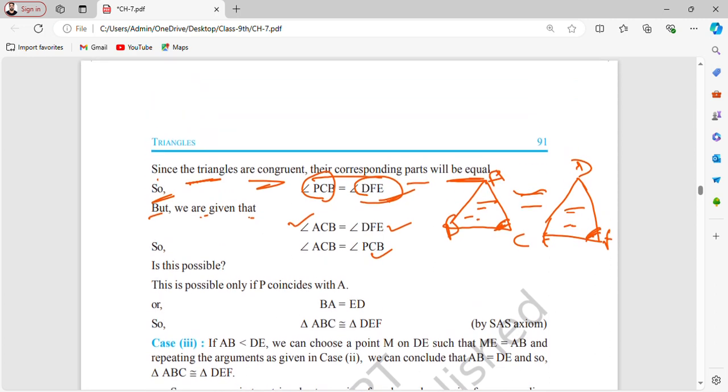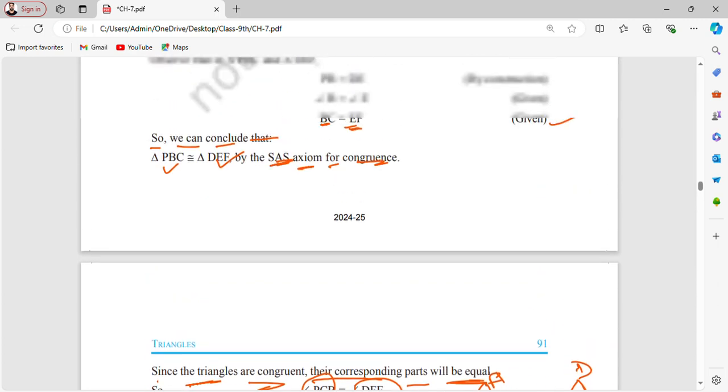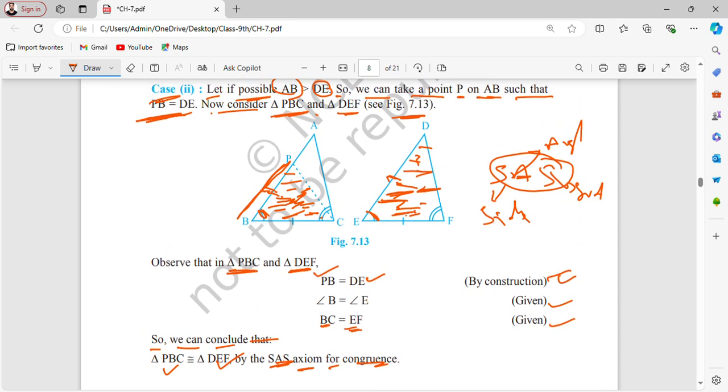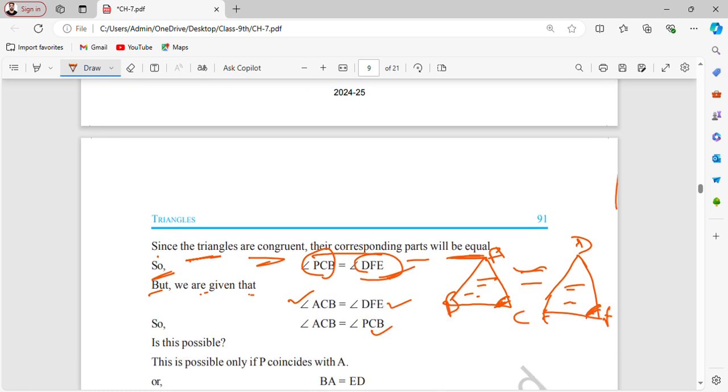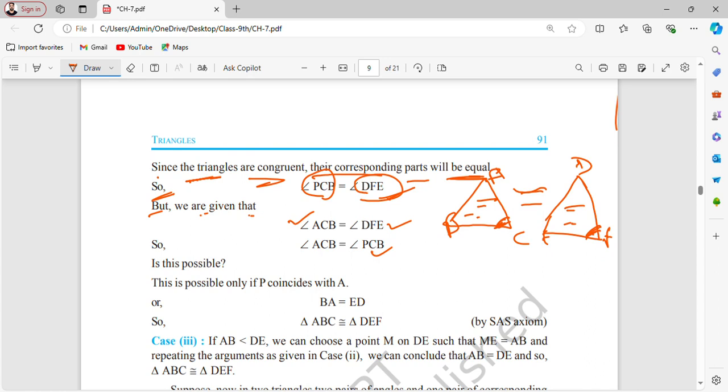Let's take the above diagram so we can understand easily. Angle ACB, this angle, and angle PCB, this angle, both angles are equal. So if we see here, the angle C is the same for both. Is this possible?